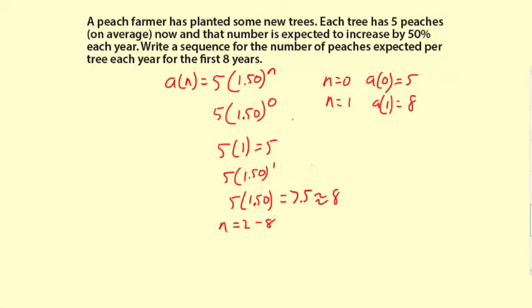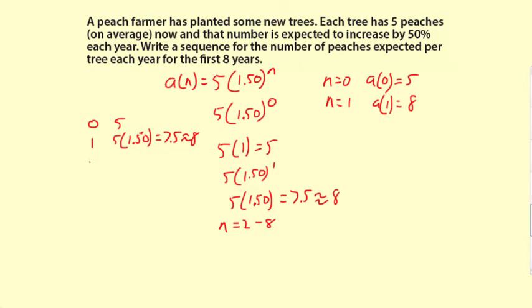Another way to do it is to approach it recursively. In other words, you're going to be increasing by 50% each year, so you're just multiplying by 1.5 repeatedly. So for year 0, we know that you start with 5 peaches. Year 1, it's going to be 5 times 1.50, which is 7.5, or about 8.